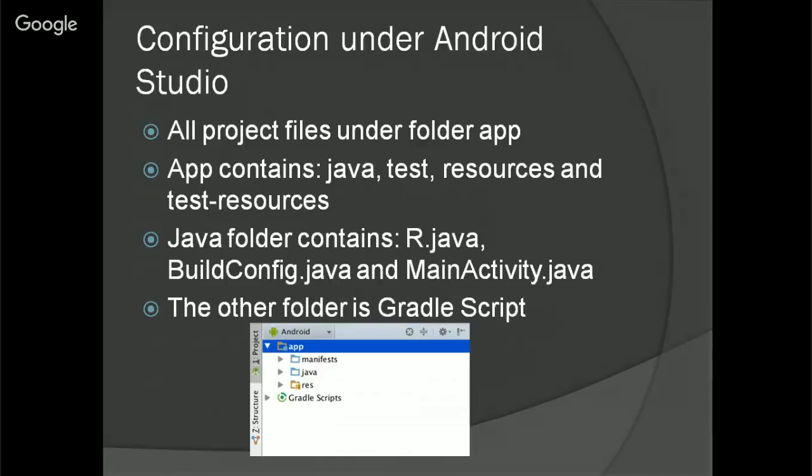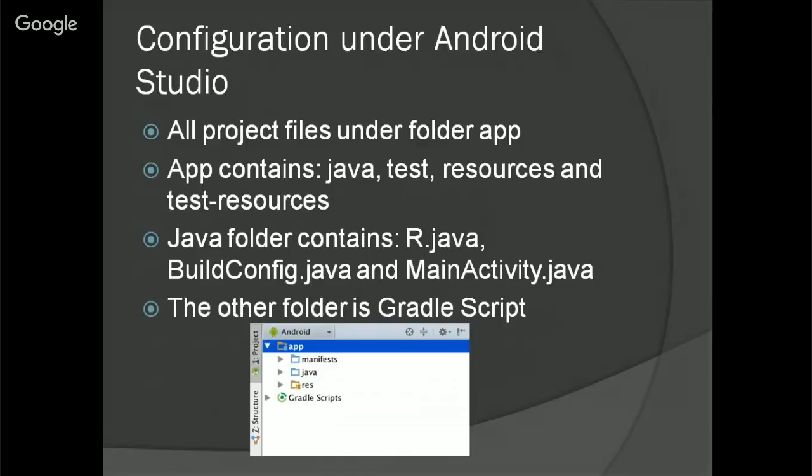But if you look at the newer versions of Android Studio, there are Android 1.5 already available. So if you look at the Android resources folder, or the test resources folder, you will be finding the XML file. I'll be discussing those files later on.